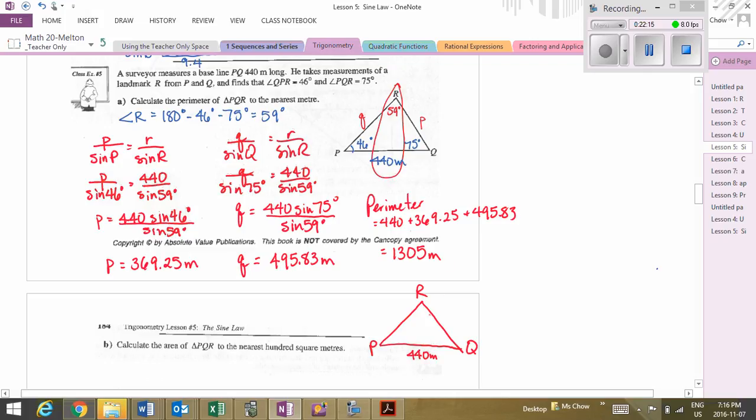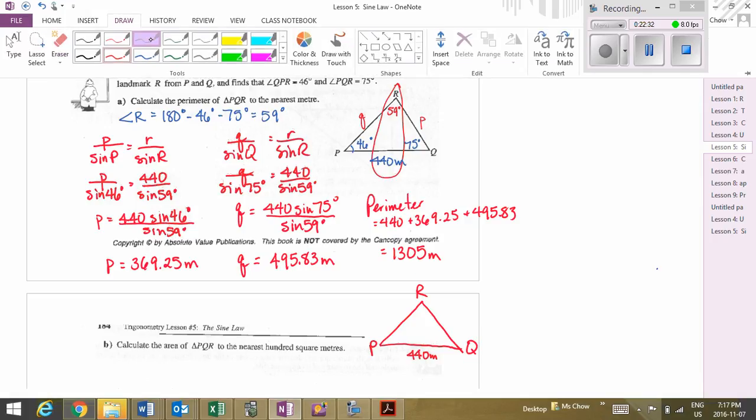Again, we want to use a given value as opposed to a found value, because theoretically we could have length Q or length P being the base and then finding the height, but because we've already been given 440 meters, that's the exact value. Let's go with that.